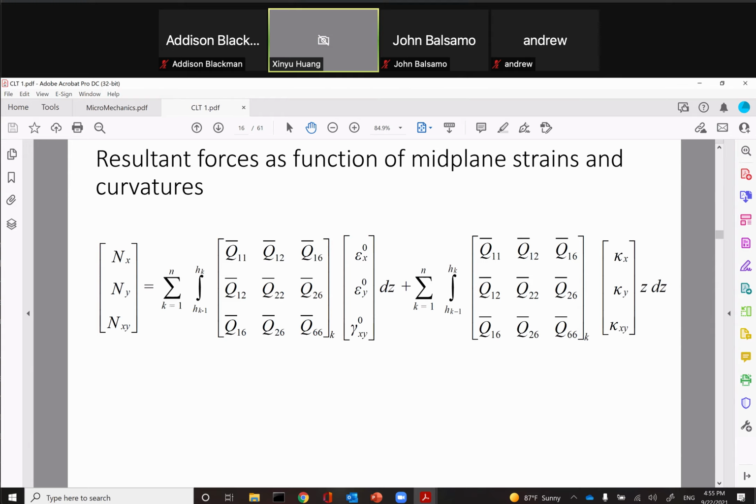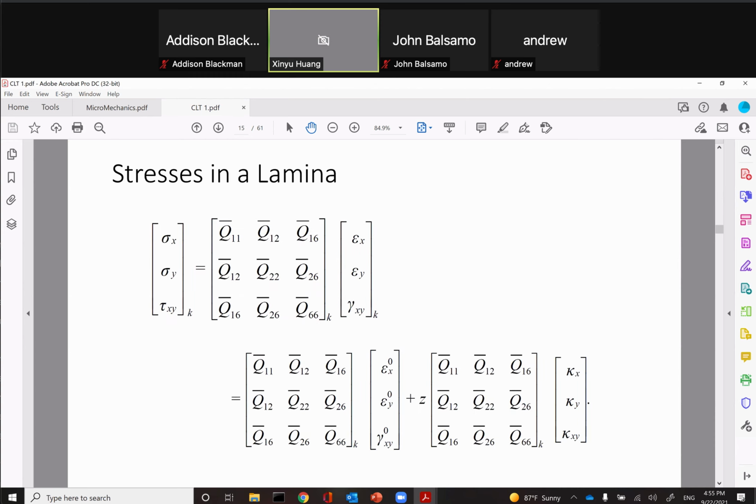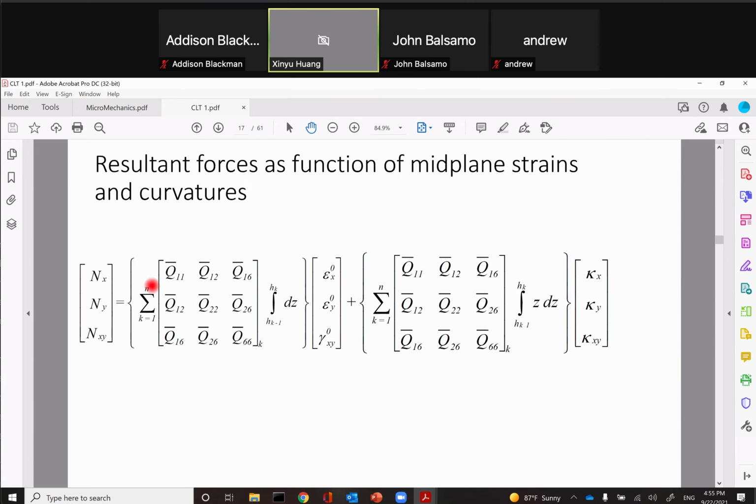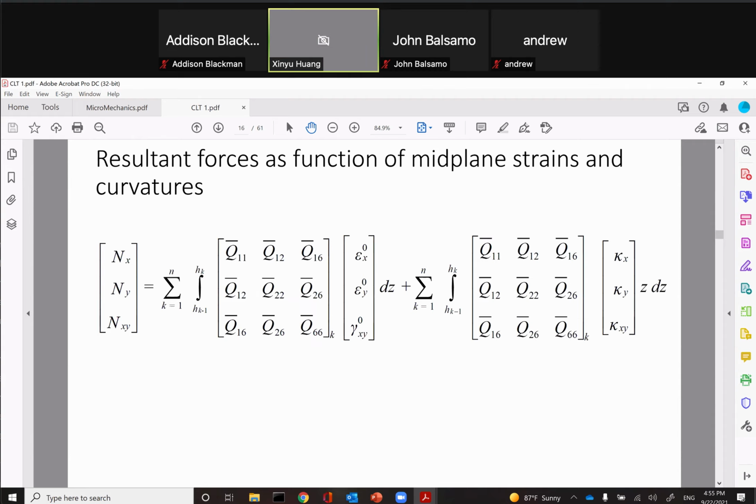See, this is taken out. So what happened? Why? Do they depend on z? Does epsilon 0, gamma 0 depend on z? No, it's not.